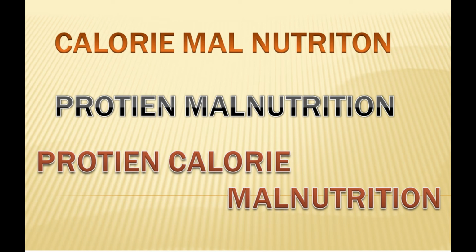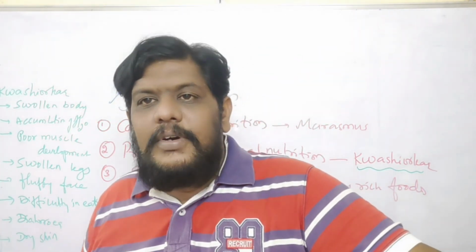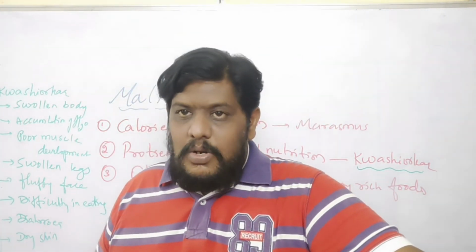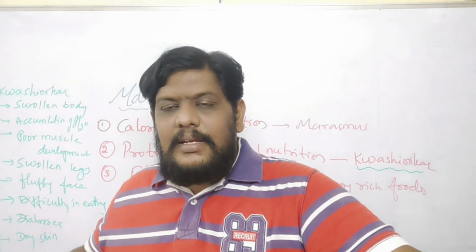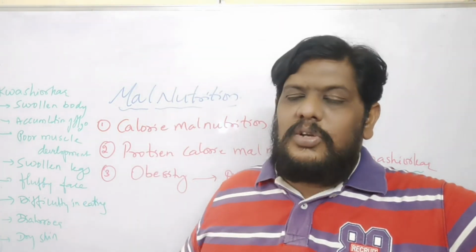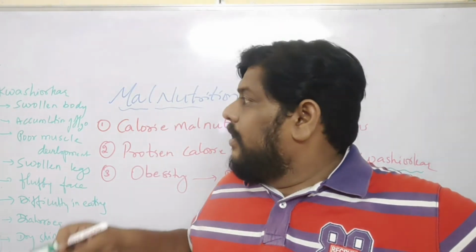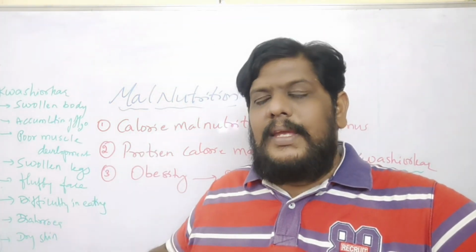Okay, one is Kwashiorkor and second one is Marasmus. Kwashiorkor is an African word, and this disease is seen in people, especially children, and sometimes in adults also. It's because of the lack of proteins and calories in the diet which we intake.